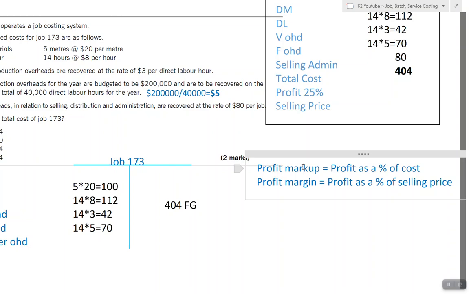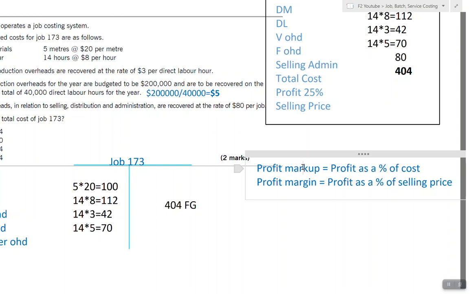And when you say, whatever the selling price is, in that selling price I should earn 25%, that is called margin. And margin is usually higher than markup because margin is a percentage of selling price, and selling price is usually higher than the cost. And markup is based on cost, so it is usually lower. So if we have 25% markup and 25% margin, then margin is going to be higher.